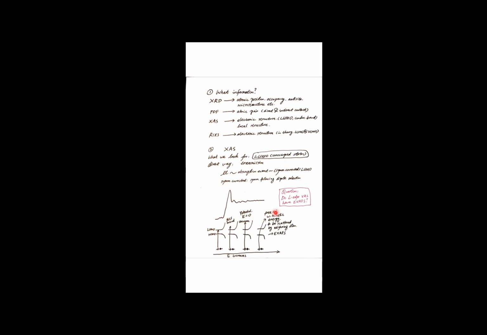This picture is typically only valid if we have this kind of correlation. So for the iodine LH, we're still going through something like that, we just have a different core level.